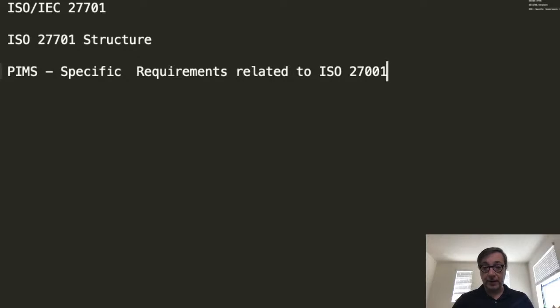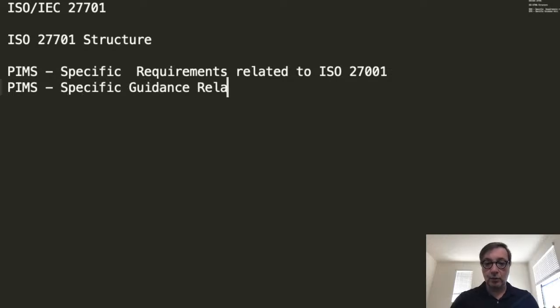The first section talks about specific requirements related to the ISO 27001. And then it talks about the PIMS specific guidance related to ISO 27002.